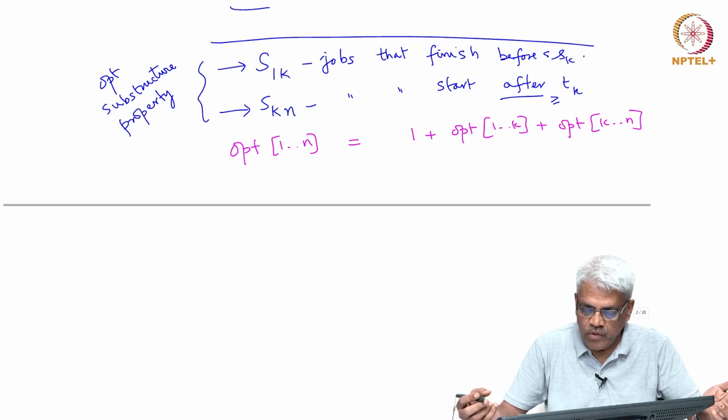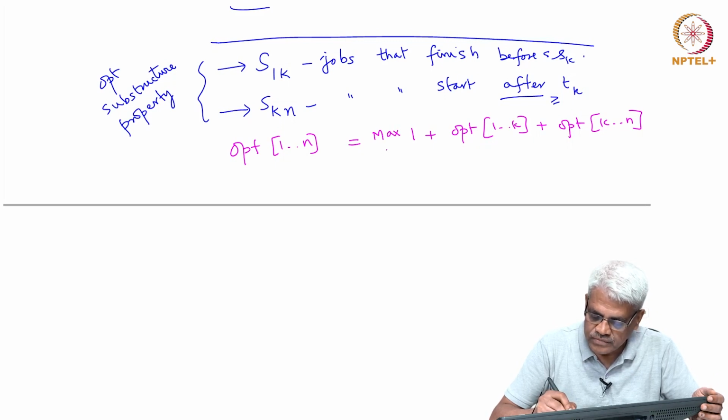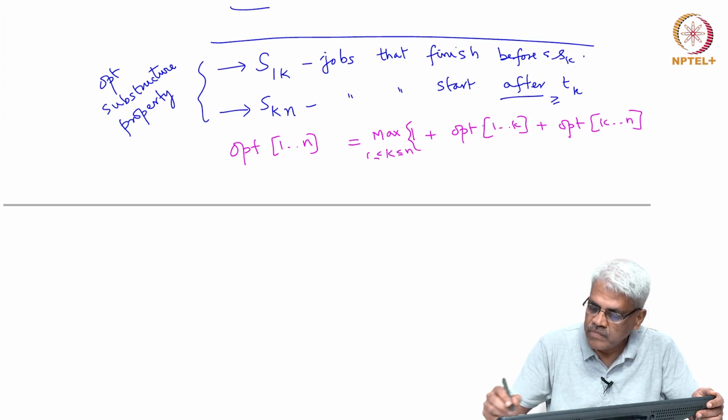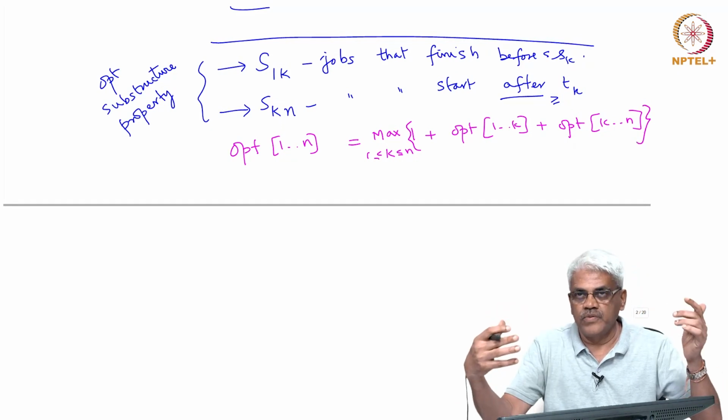Okay, well, try all possibilities for K. So you want to find the max over K, where K is between 1 and N. This is a typical dynamic programming formulation.